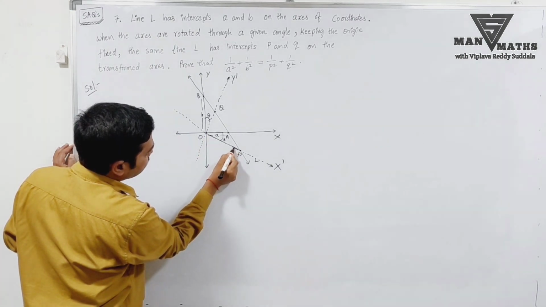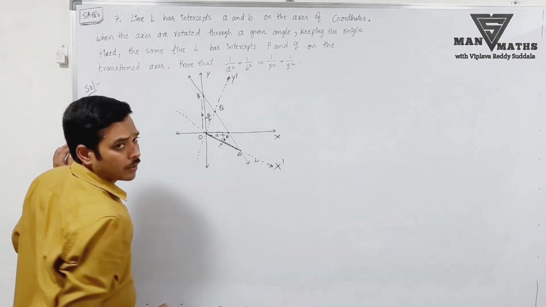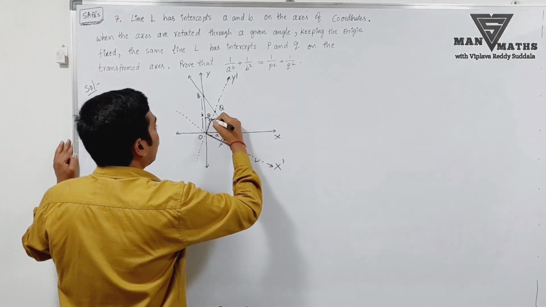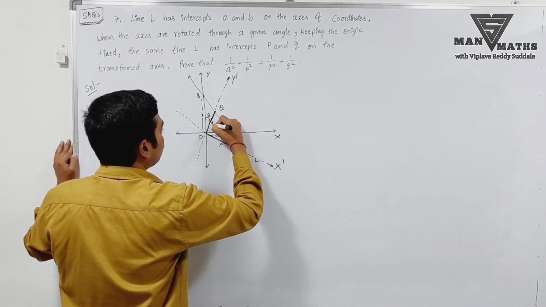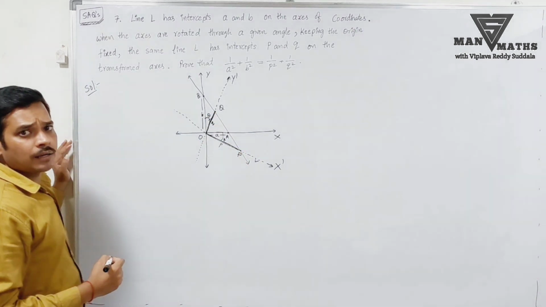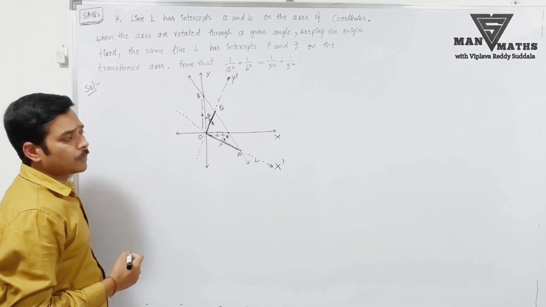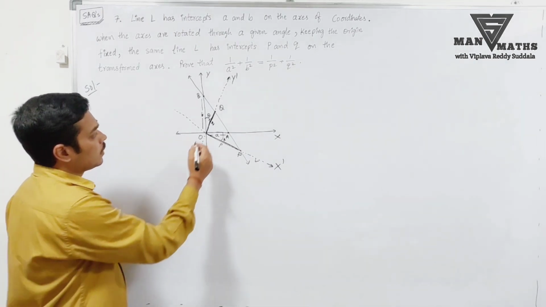This is the new x-intercept, this length is small p. The distance from origin to Q is the new y-intercept, that is small q. In that case, you have to prove that 1 by a square plus 1 by b square is equal to 1 by p square plus 1 by q square.